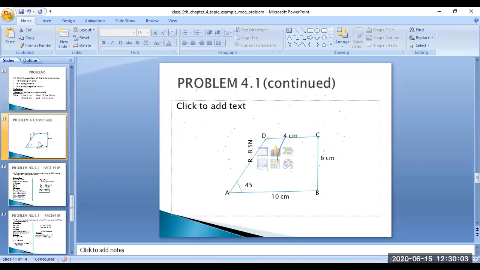You know the negative x-axis is in this direction, so DC is 4 centimeter. Then I draw the line AD, which is the resultant force.